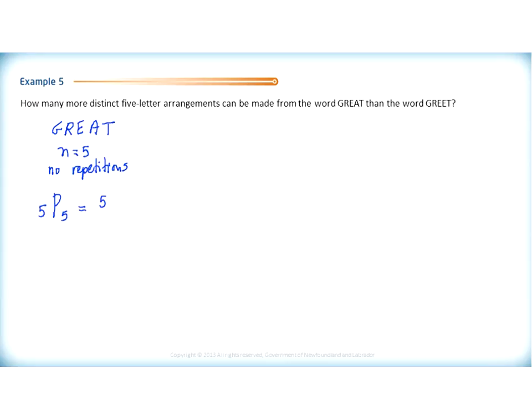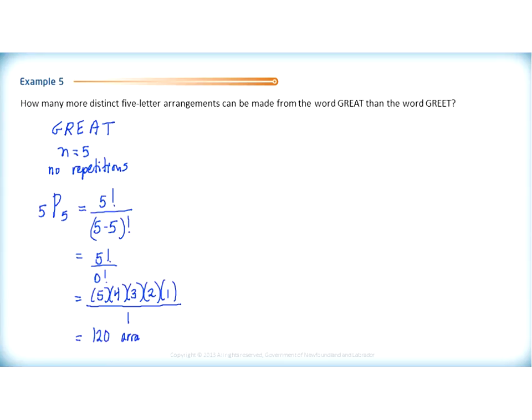So that is equal to 5 factorial divided by 5 minus 5 factorial. So we have 5 factorial divided by 0 factorial. So that's equal to 5 times 4 times 3 times 2 times 1, and 0 factorial is just equal to 1. So that will equal 120 different 5-letter arrangements. And there are no repetitions there.